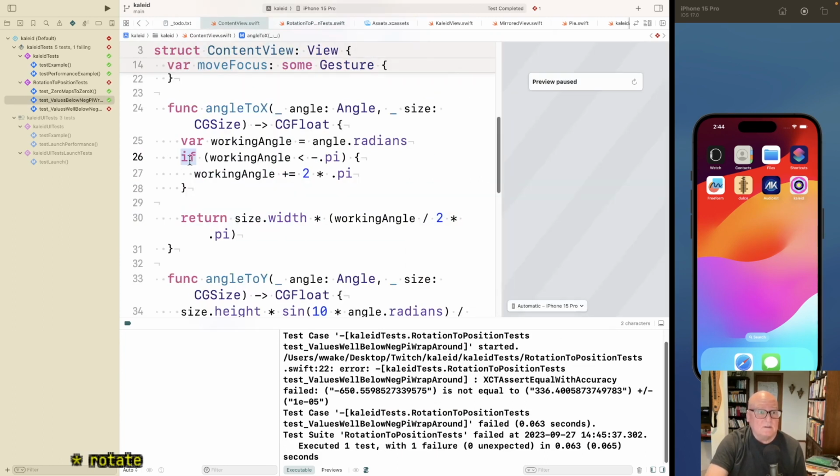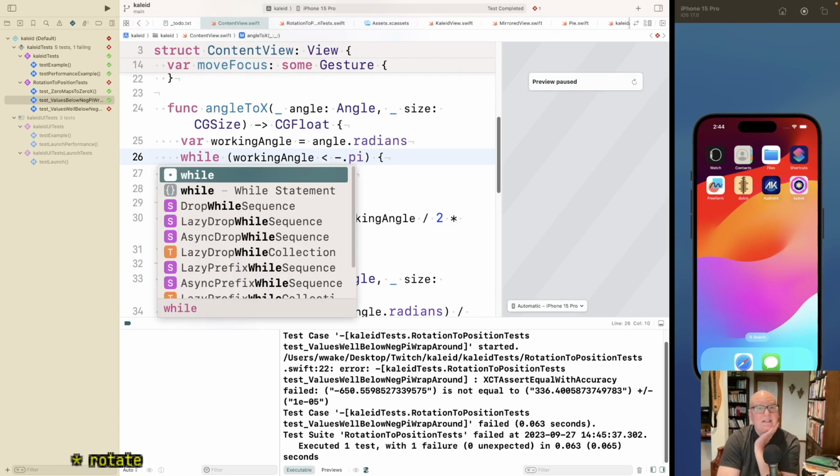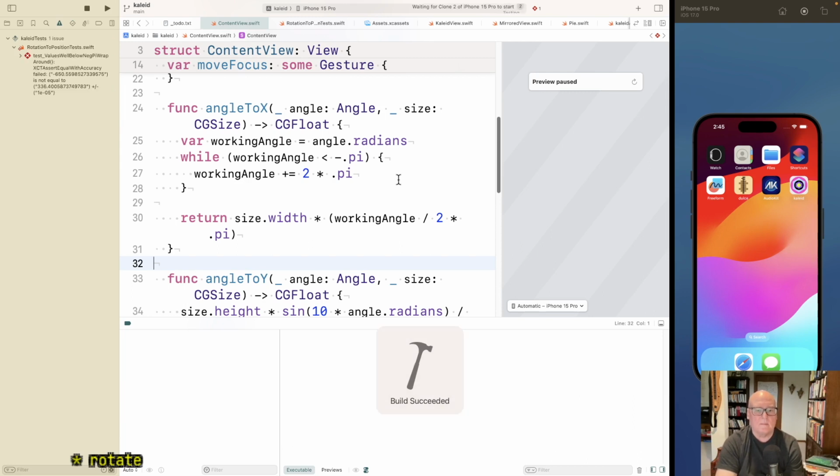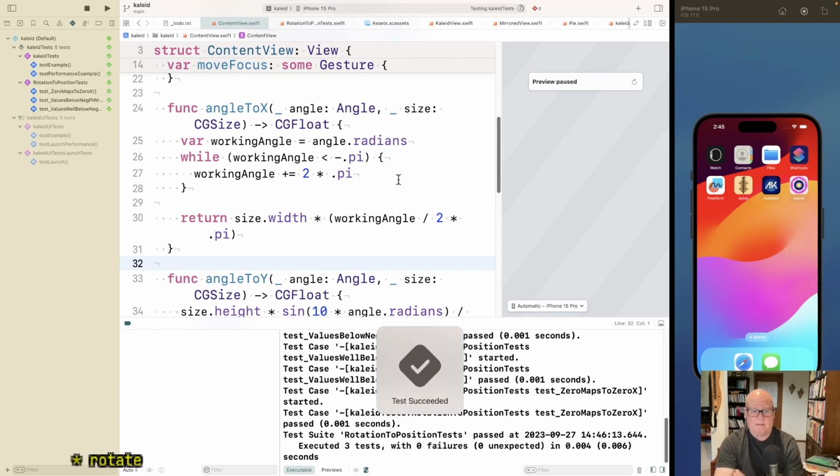Okay, so if the angle is less than negative pi, we're going to keep wrapping. It's just too negative. We're going to keep wrapping with 2 pi until we get it into the range of minus pi or higher. All right. And it should pass.